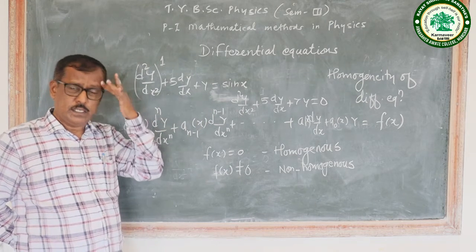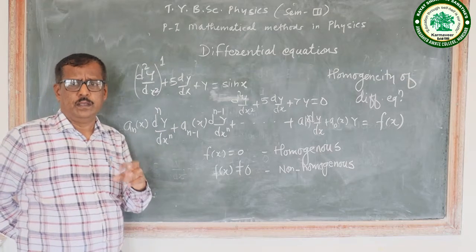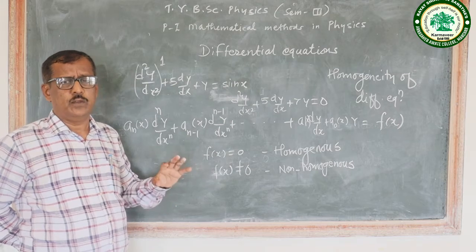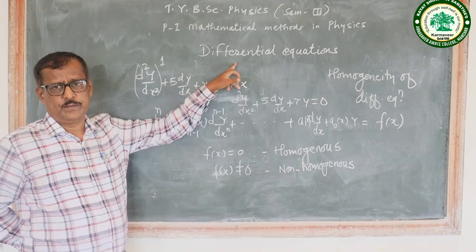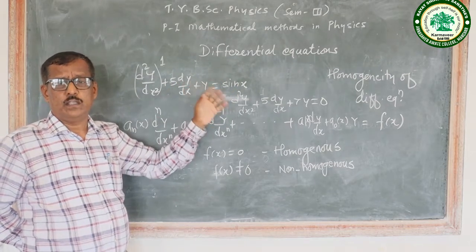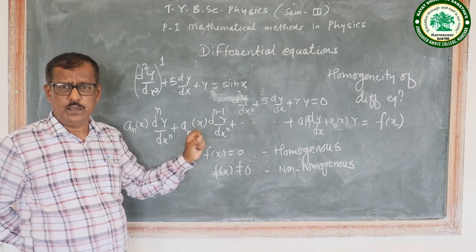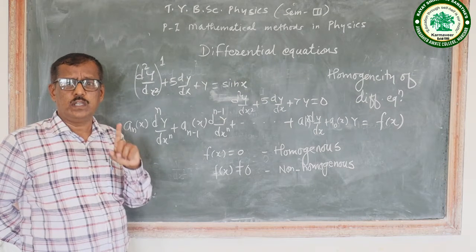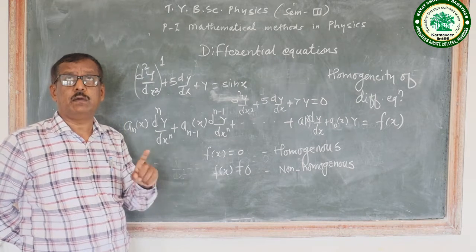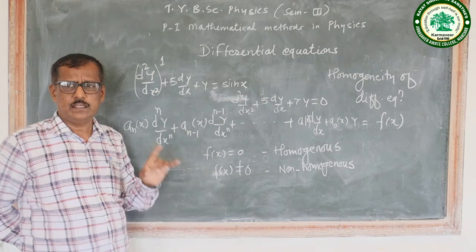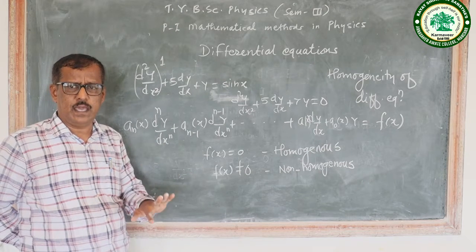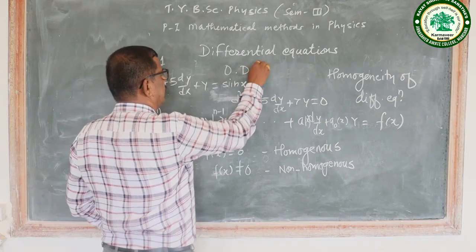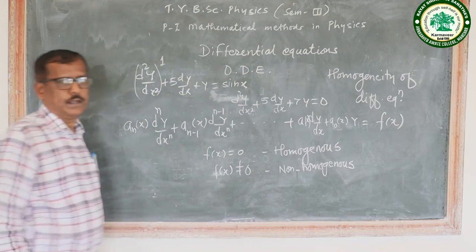Here we see that if an equation has differential terms, then we call it a differential equation. We call it an ordinary differential equation if there is only a single independent variable, that is an ODE.